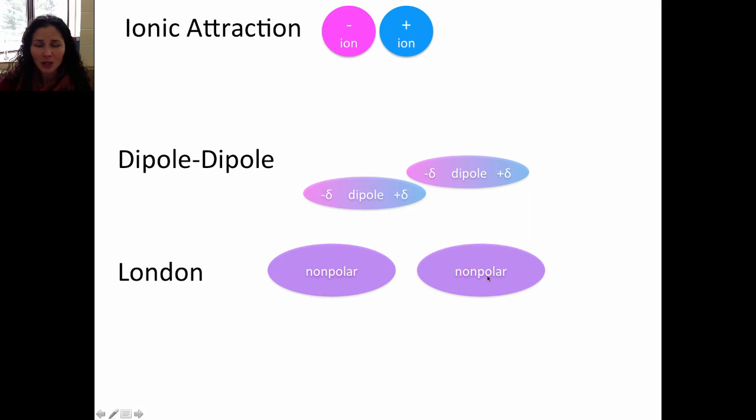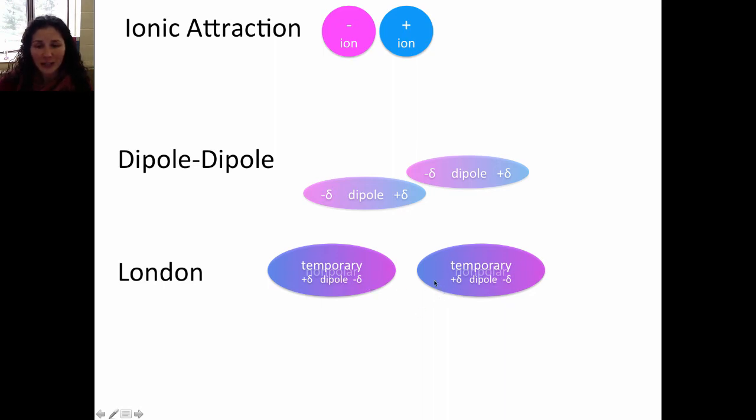If one of these molecules has a little bit of a sloshy electron cloud, the electron cloud can temporarily shift to one side of the molecule. This is called an induced dipole, or a temporary dipole. If a temporary dipole happens in one molecule, it will induce a temporary dipole in the other molecule, because the temporary negative end will induce a temporary positive end in one of the other molecules.